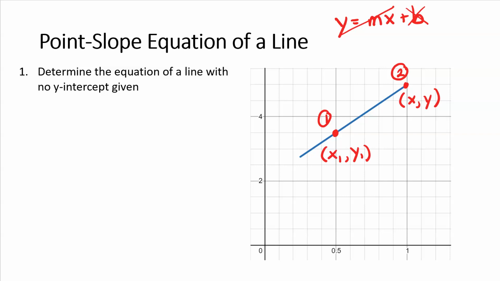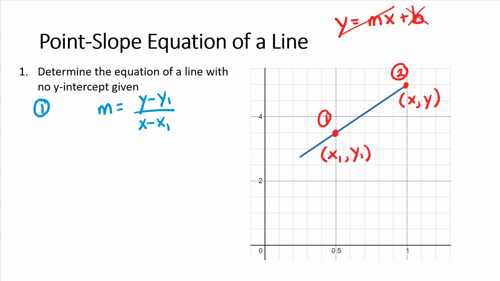So the first thing we're going to do here is calculate the slope. So m equals the rise, which would be y minus y1, divided by the run, which would be x minus x1.